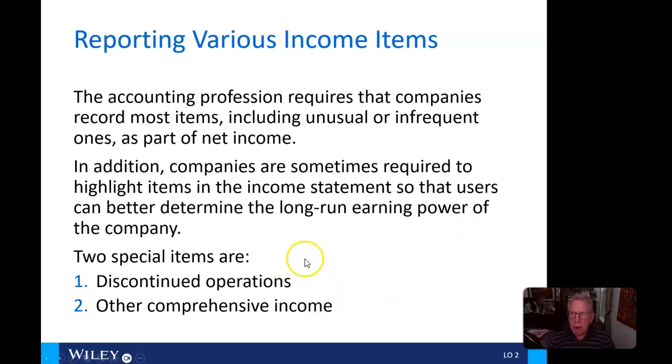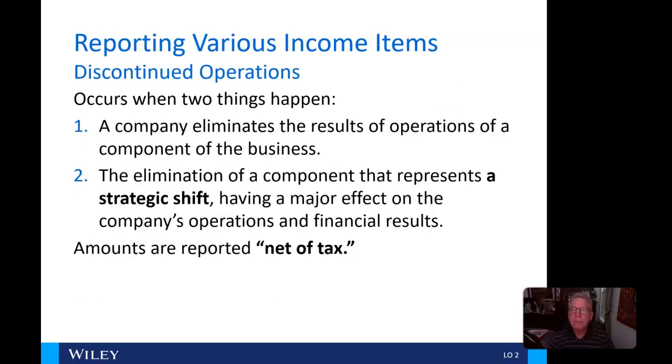And we have two special items we're going to look at here: discontinued operations and other comprehensive income. As you proceed in your accounting training, you'll find other comprehensive income becomes more and more an important term that you want to be familiar with.